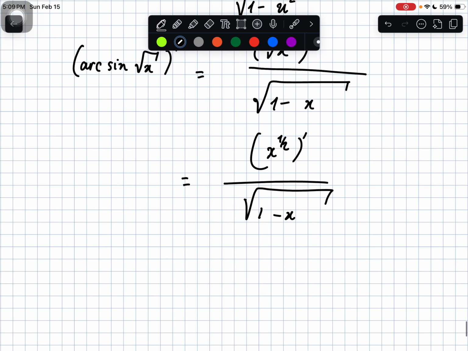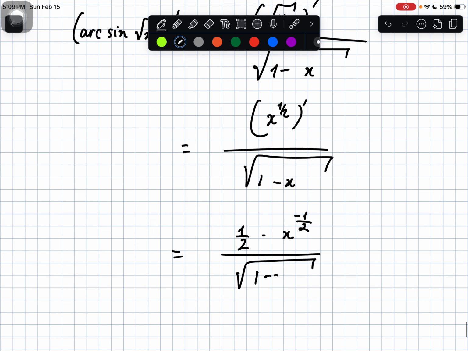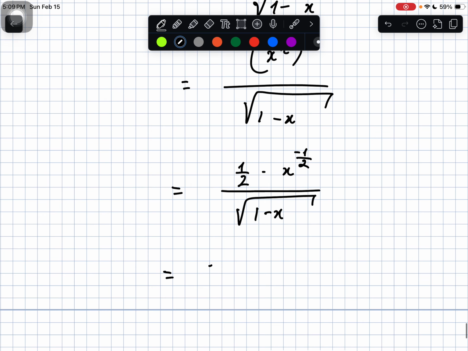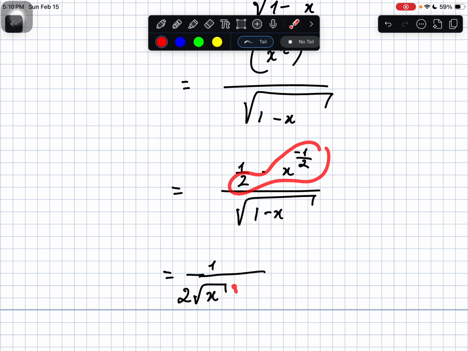So 1/2 times x to the minus 1/2 over the square root of 1 minus x. So this is 1 divided by 2 square root of x times the square root of 1 minus x.